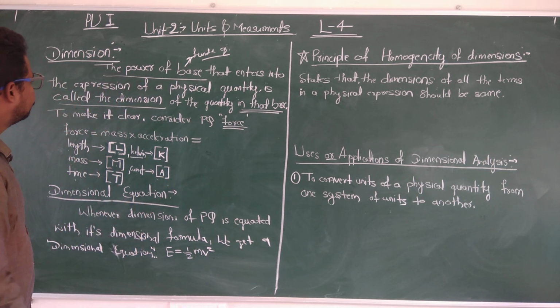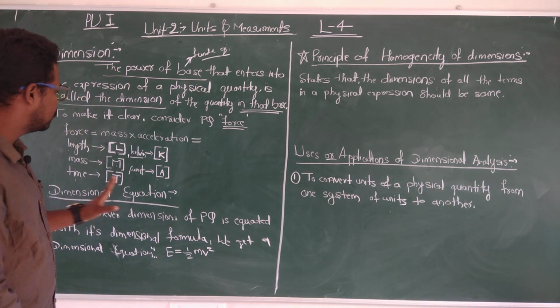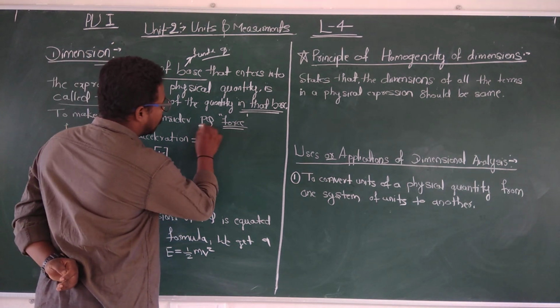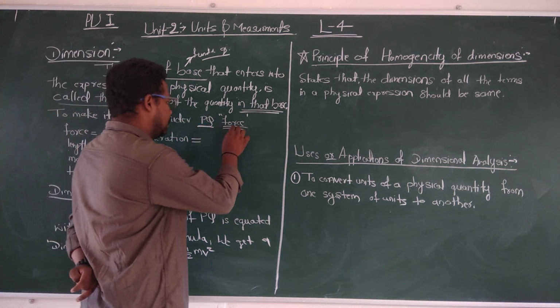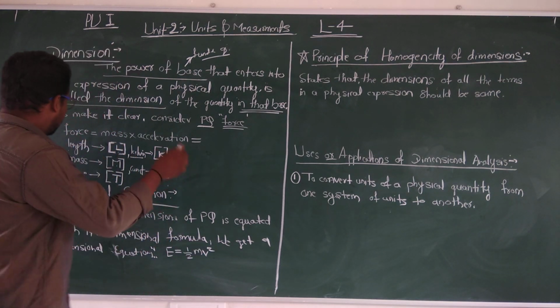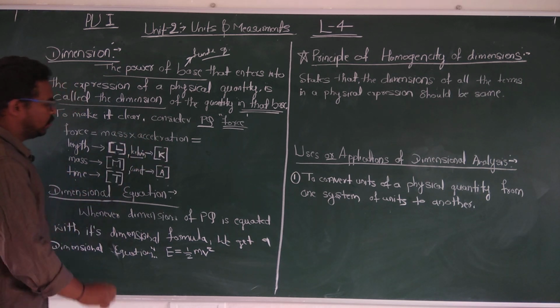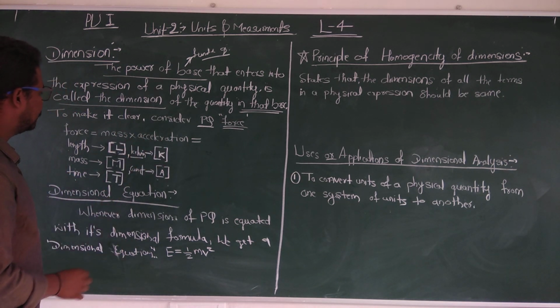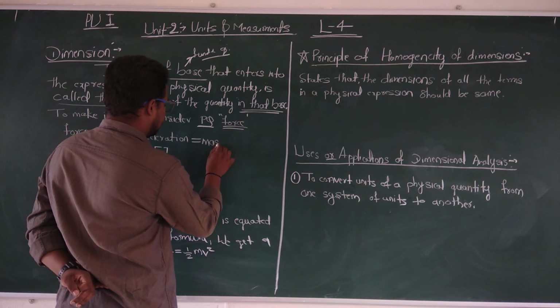To make it clear, consider the example of force. Force is a physical quantity; it is a derived quantity, but before that it is a physical quantity. Force is given as mass into acceleration. Write mass as it is.